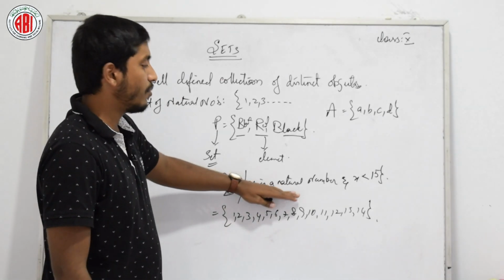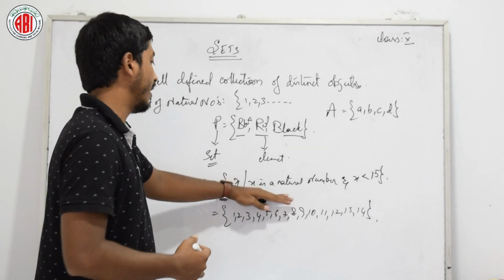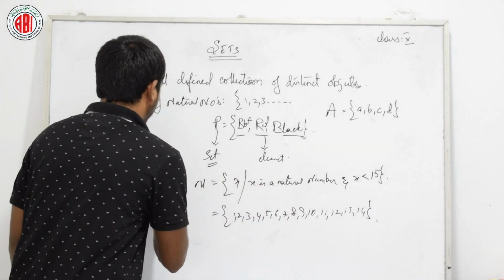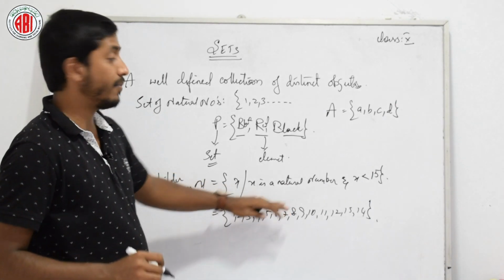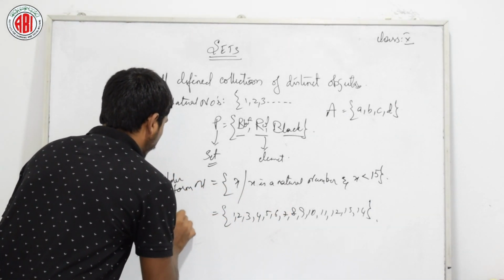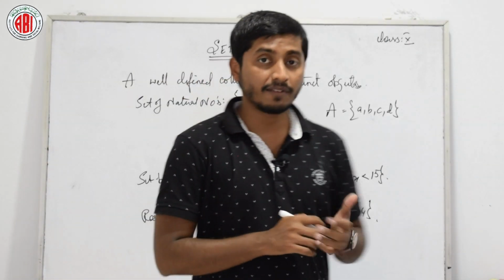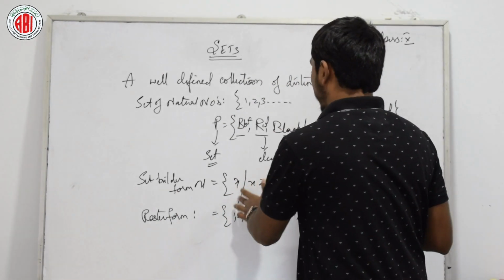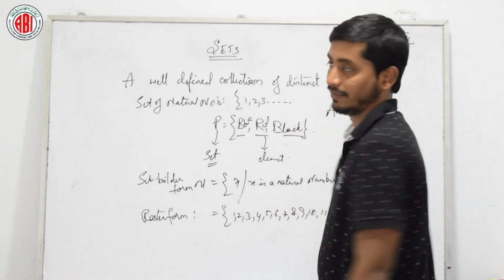This is a more simplified and generalized way. This form is called set builder form. Remember, this kind of format is called set builder form and this is roster form. Is it clear? In set builder form, the name itself indicates that this notation can build a set.